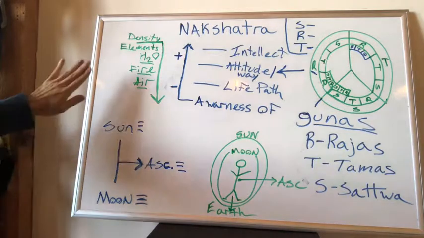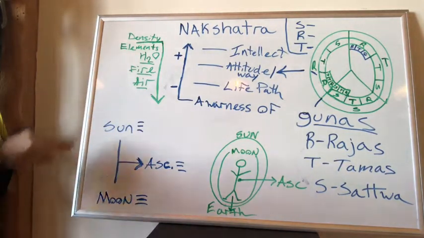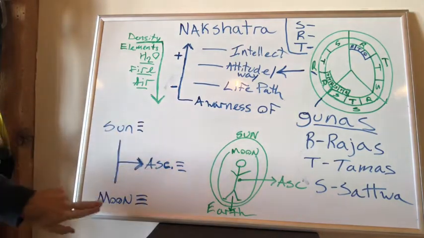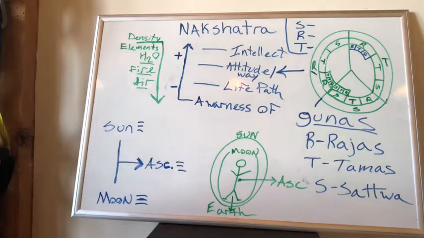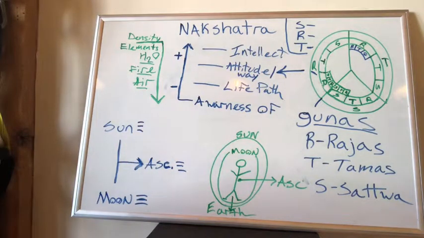So now moving down my little chart here. So we have the sun, the ascendant, and the moon. The sun you can generically look at as your soul. The moon you can kind of generically look at as the ebb and the flow of the mind. So your mental, emotional field is kind of governed by the moon.